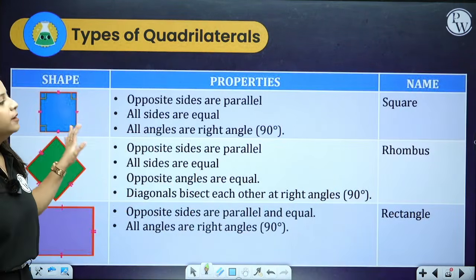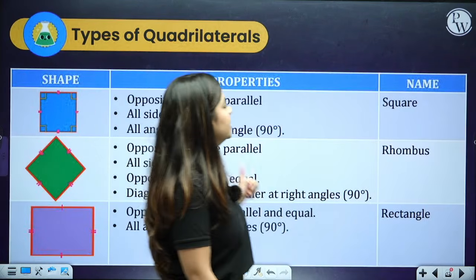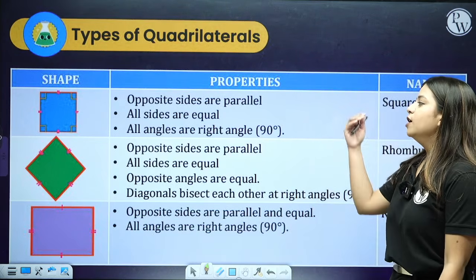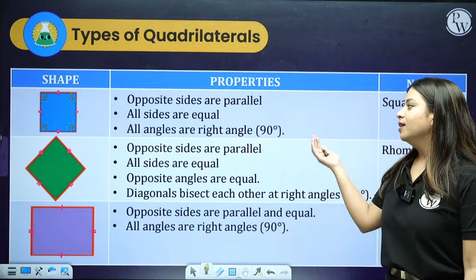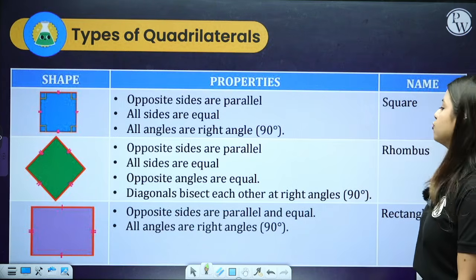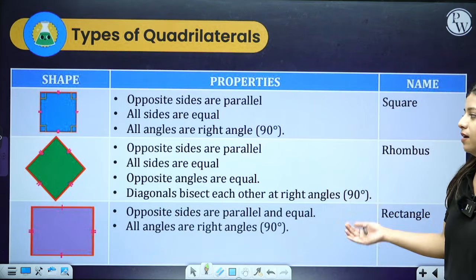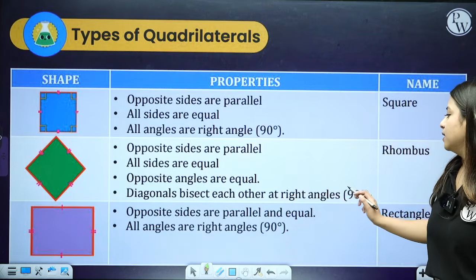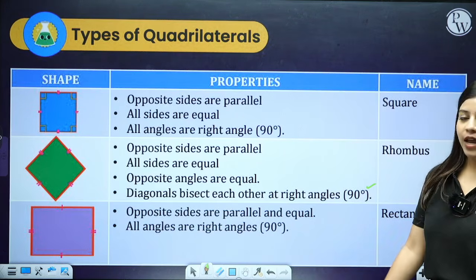When we talk about a square, opposite sides are parallel to each other, all the sides are equal to each other, and all the angles are right angles. When we talk about a rhombus, opposite sides are parallel, all the sides are equal, opposite angles are equal, and diagonals bisect each other at 90 degrees.